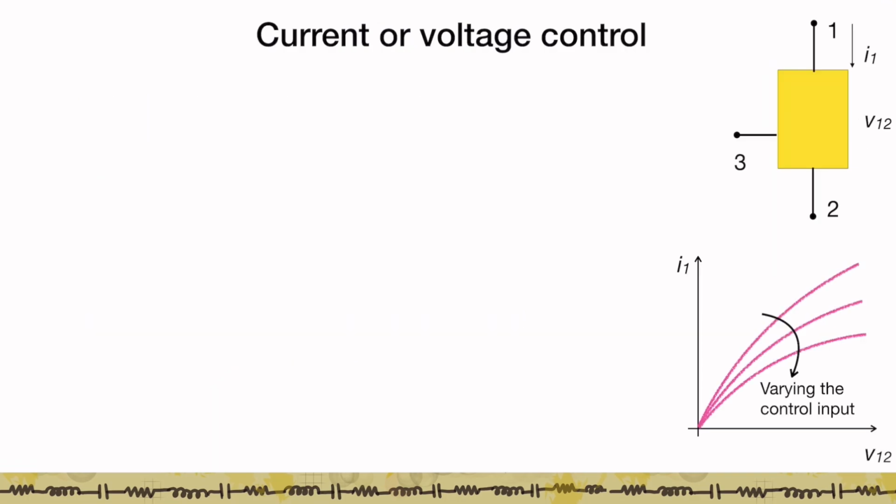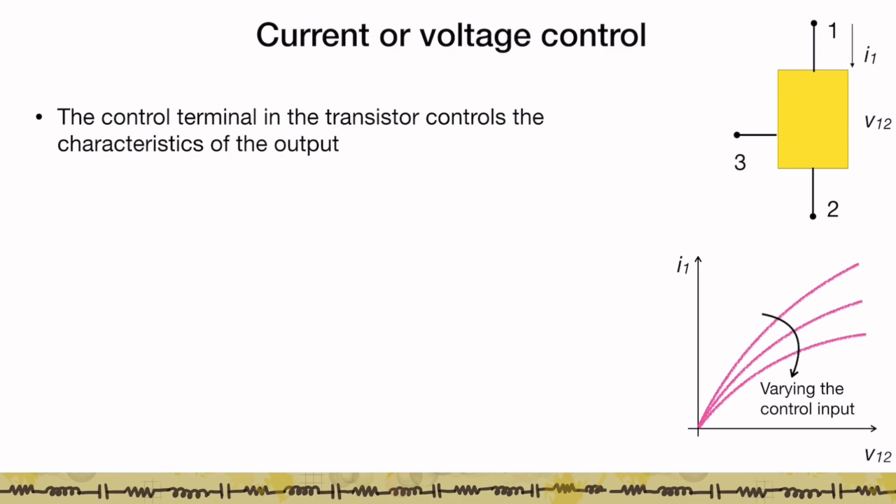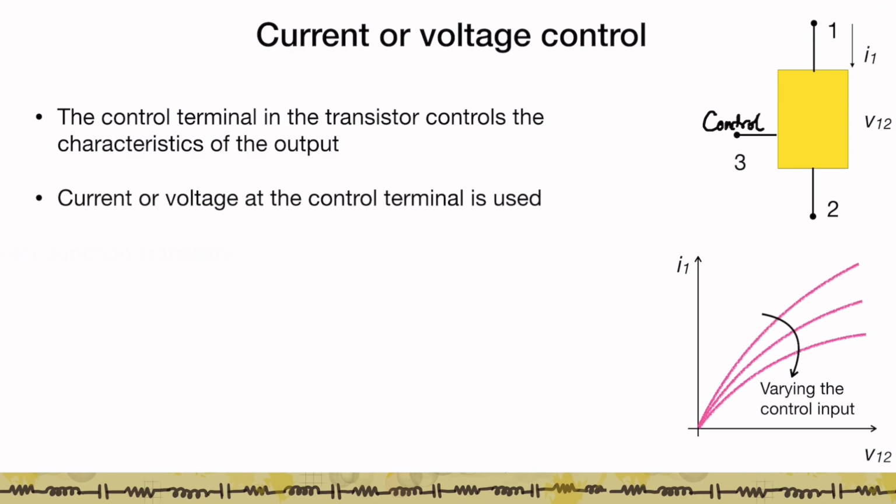Now when you think about transistors again, you can think of them as either having a voltage control or a current control, right? Because normally when you think of electronics, we either talk about a voltage or we talk about a current. So here in this case, suppose I call terminal 3 my control terminal and 1 and 2 as my output terminals.